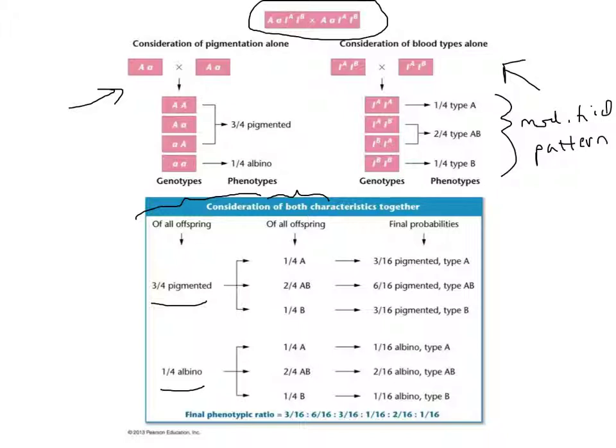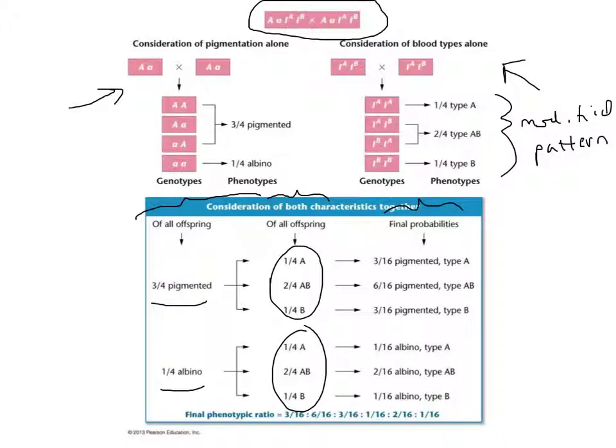So we simply lay those into this fork diagram in two positions, here and here. And then we come up with the final column, which is the probability of various offspring.